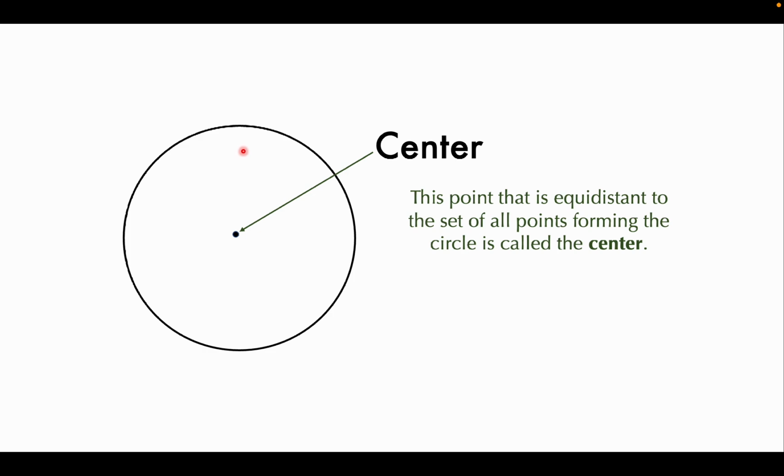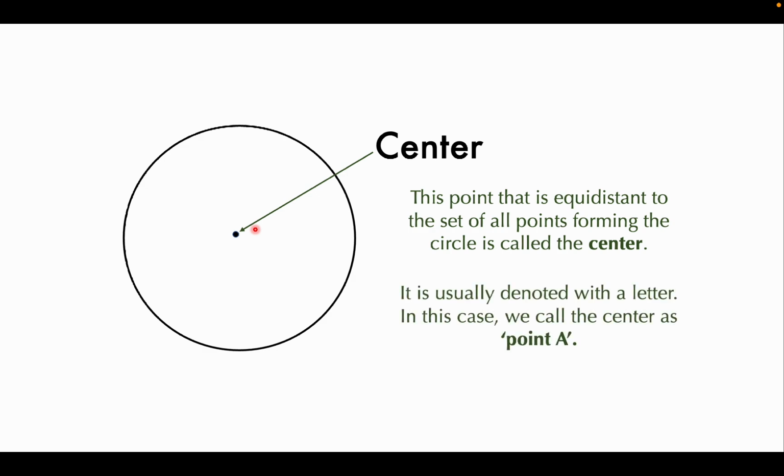Ibig sabihin, whether I draw a line from here to here, or dito, papunta dito, kung saan mang parts nitong circle na ito, it will remain the same measurement. Kasi magkakapareho lang yan ng layo. Okay? Yun ang ibig sabihin ng equidistance. Equal distance.